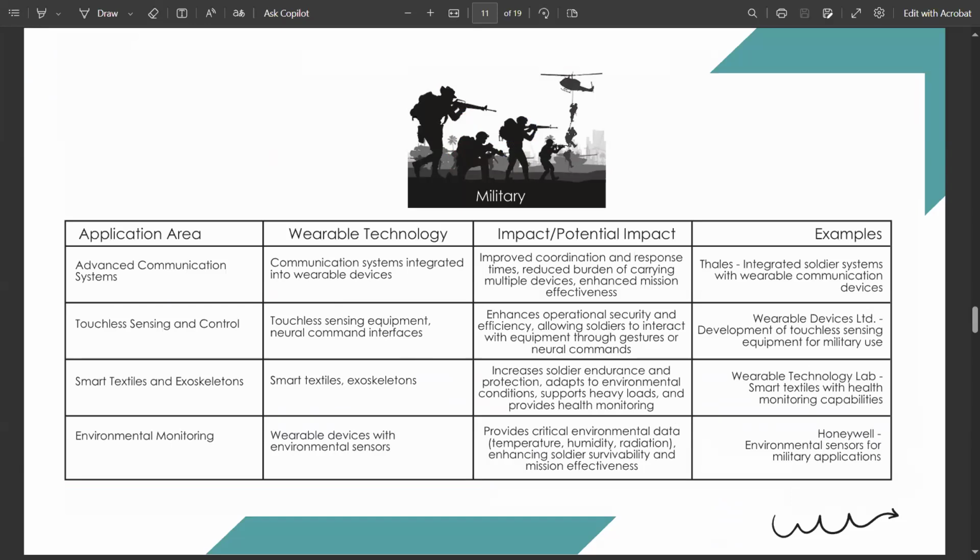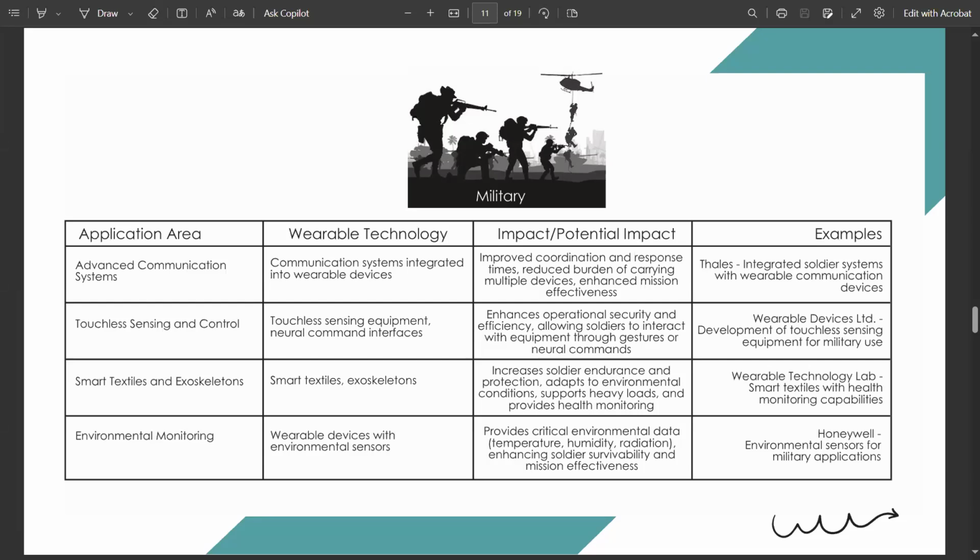Touchless sensing and control uses neural command interfaces, which enhances operational security and efficiency, and allows soldiers to interact with equipment through gestures and neural commands. Smart textiles, and we have exoskeletons.